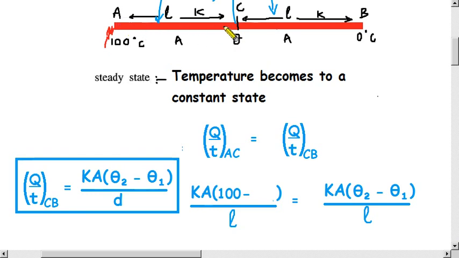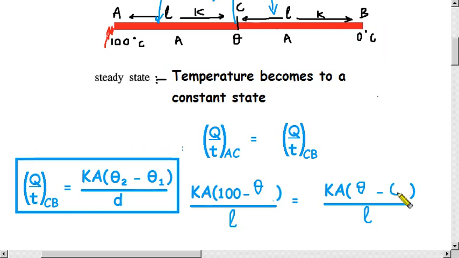So let us write theta, the lower temperature is theta. Now for the second rod, we are thinking of it as one rod. So here in this rod there are two ends. The first end has the temperature theta, that is the higher temperature. The lower temperature is this one, so we write 0.